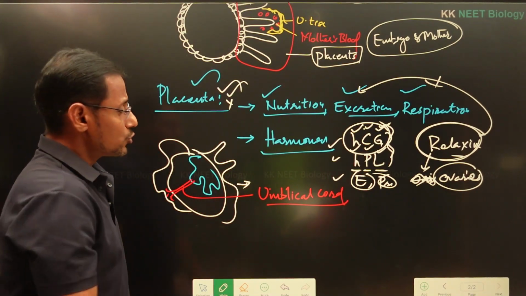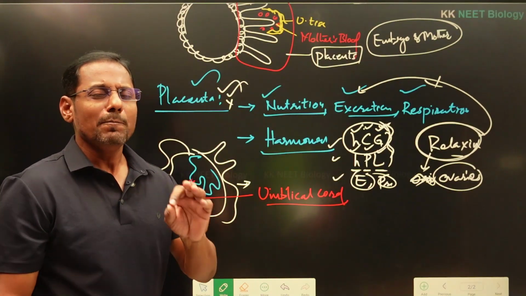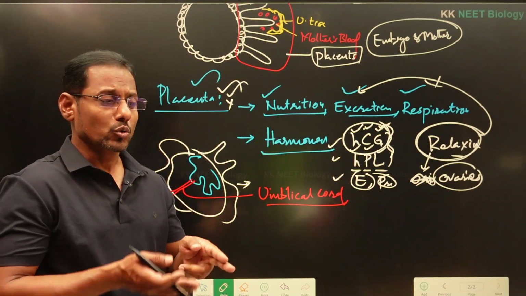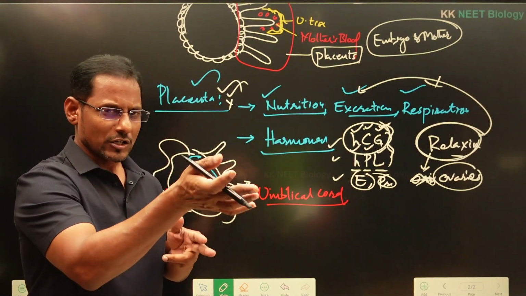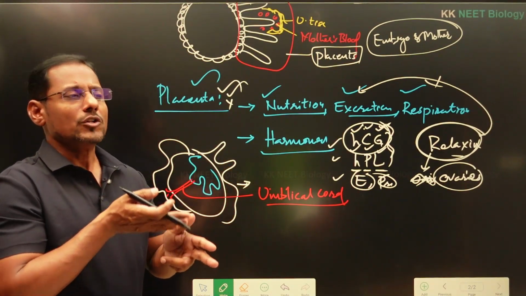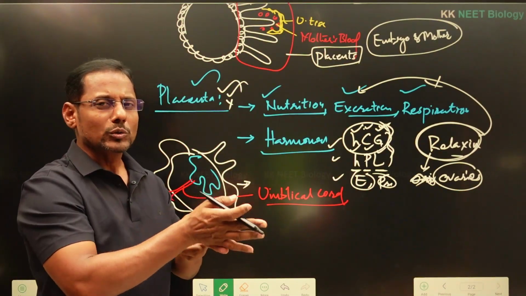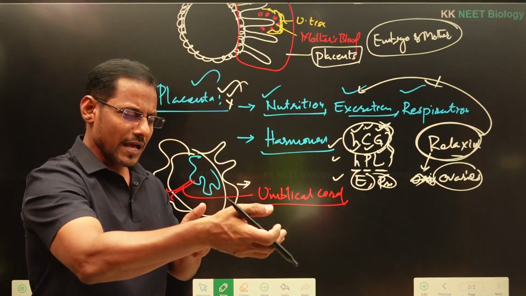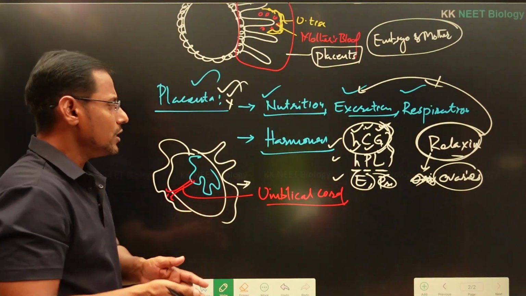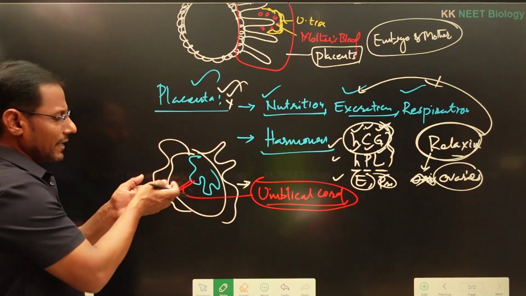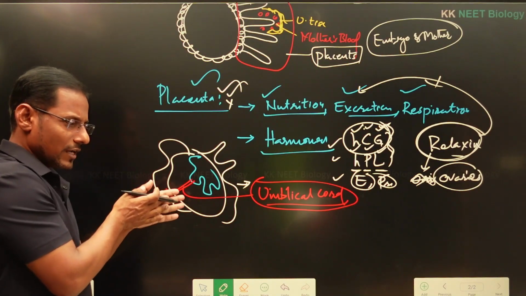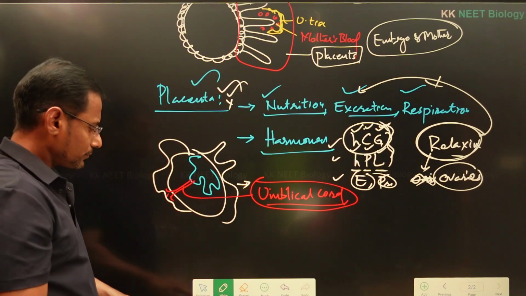Keep it in mind. This umbilical cord has an important artery and an important vein through which the nutrients pass, through which the nitrogenous waste comes out of the embryo, through which oxygen goes into the embryo, and through which carbon dioxide comes out of the embryo. This is the very vital function of the umbilical cord, which connects the embryo and the placenta.